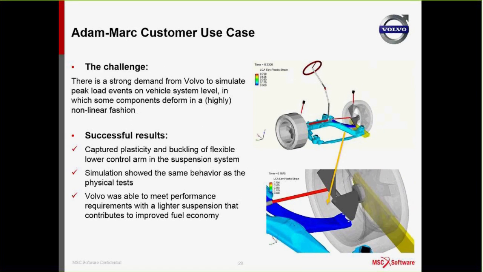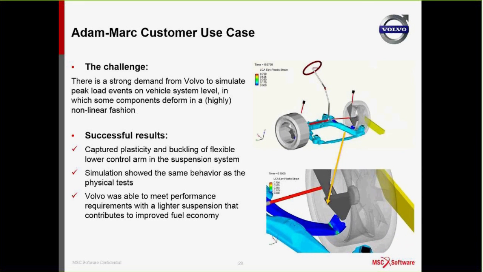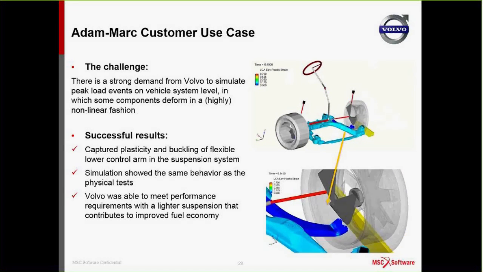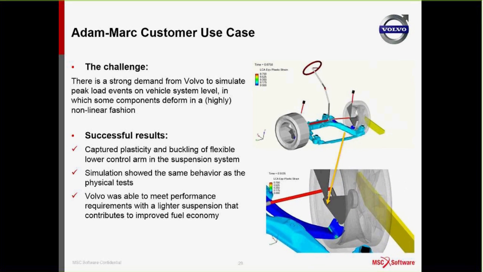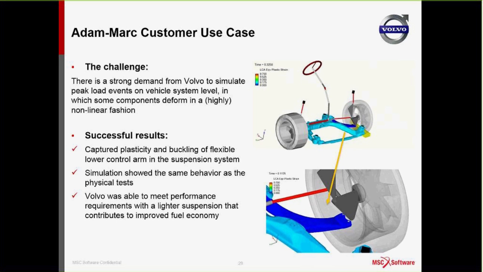So this is one use case that Volvo allowed us to publish, and they validated their physical test with the simulation of a curb strike event. And they wanted to see when the lower control arm would go plastic and how that behavior would influence the system.